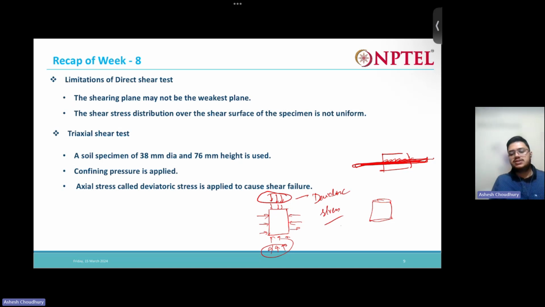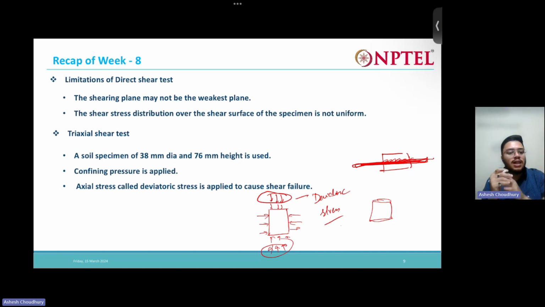Obviously, if you apply an equal amount of load all around the soil sample, which is the confining pressure, the soil is not going to fail, right? So there are two steps. We will see in detail what the steps are. Generally in a triaxial test there are two stages.